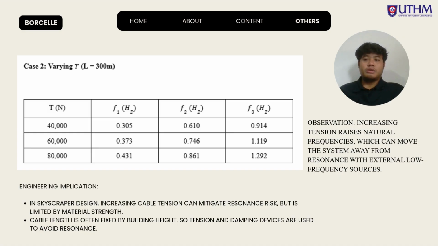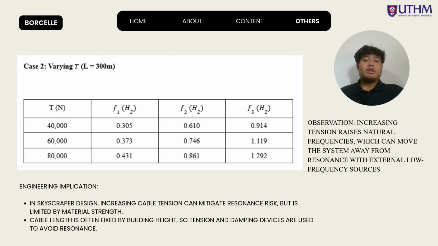In case 2, varying T, L is constant, which is 300 meter. Observation: increased tension raises the natural frequency, which can move the system away from resonance with external low frequency sources.